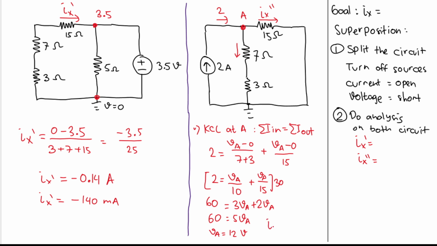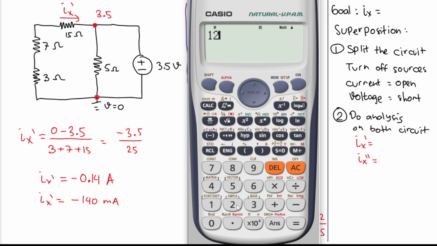So what is Ix double prime? That will be 12, here, this is 12 minus 0 divided by the resistance between them, which is 15. So we will have 12 over 15. And 12 over 15, let's just use the calculator, 12 divided by 15, and that will be 0.8.